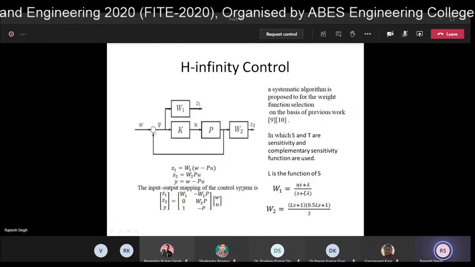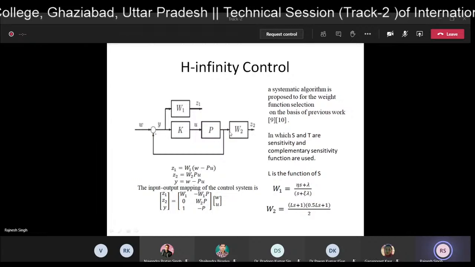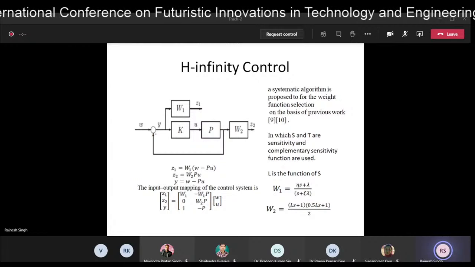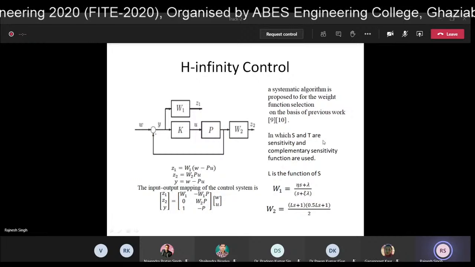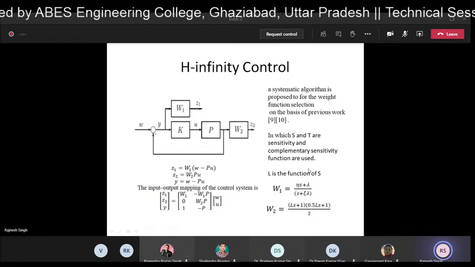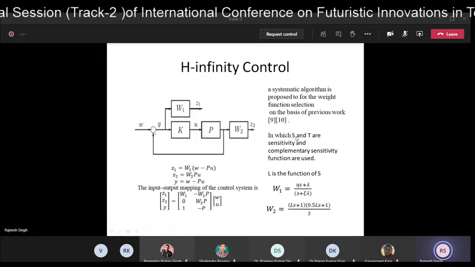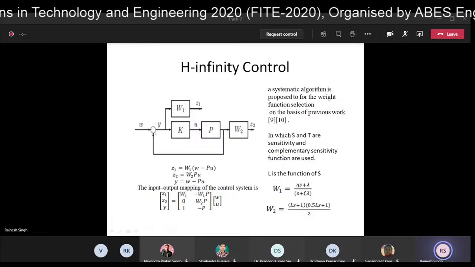W1 and W2 are the main weighting functions to be designed or selected to achieve a desired output. To propose my system, I'm relating W1 and W2 to S, the sensitivity of the system, and T, the complementary sensitivity of the system.